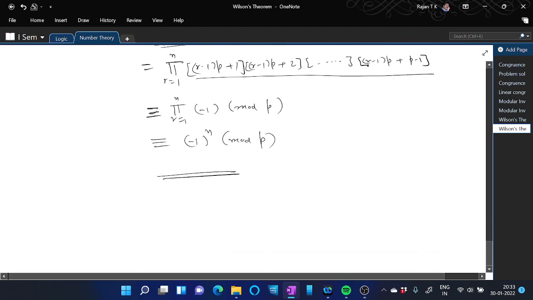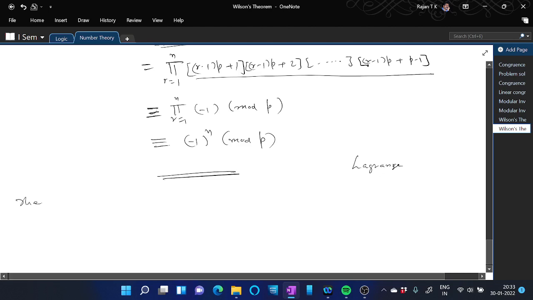Now the converse of Wilson's theorem is also true. Actually, Wilson's theorem was proposed by Wilson, but it was proved by Lagrange, and he proved its converse also.